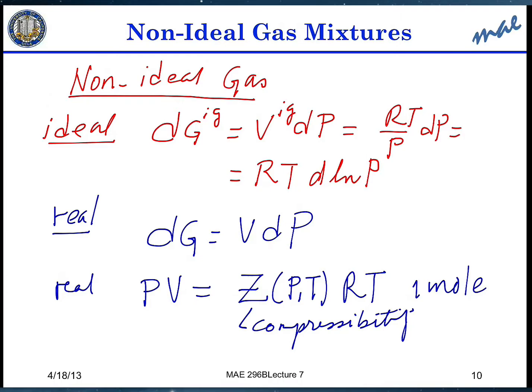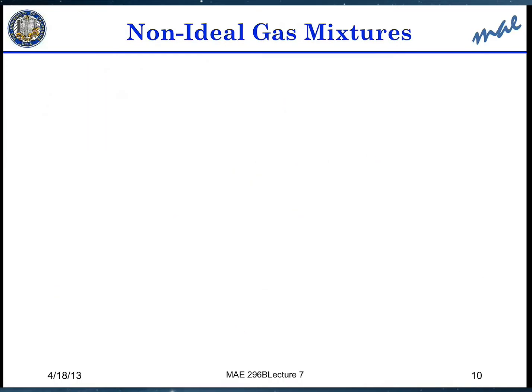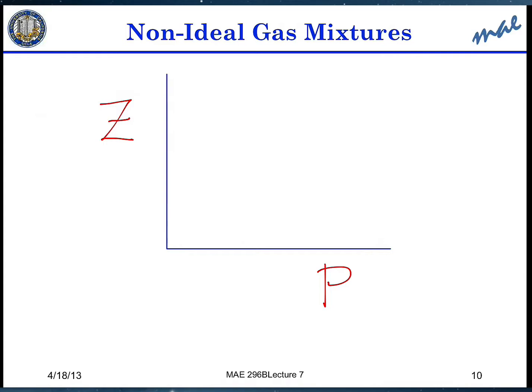So this Z here is going to look like so. If I plot, for example, the dependence of Z on the pressure P of the gas, then this dependence will give me 1 at very low pressures.